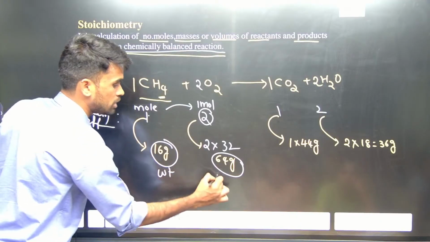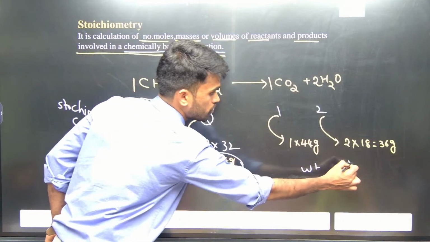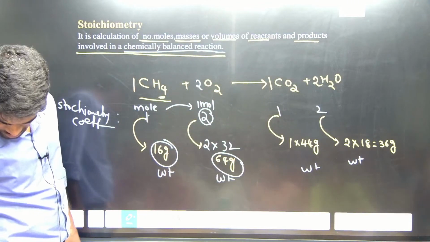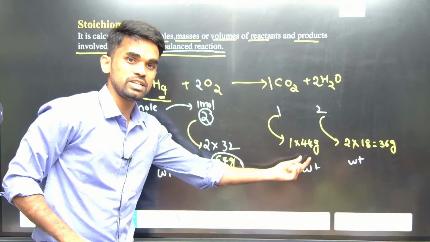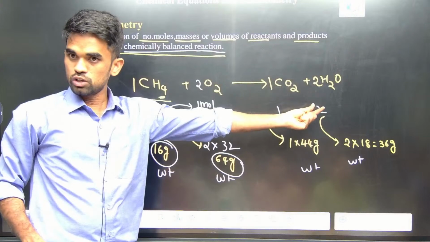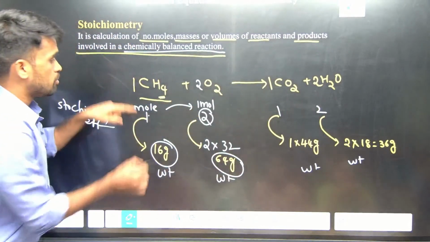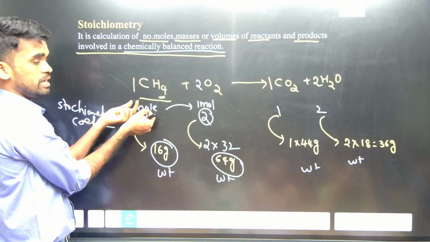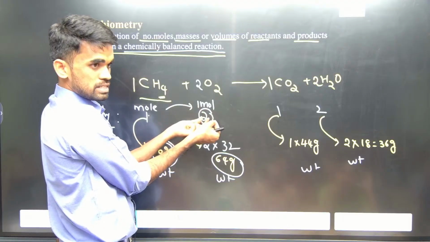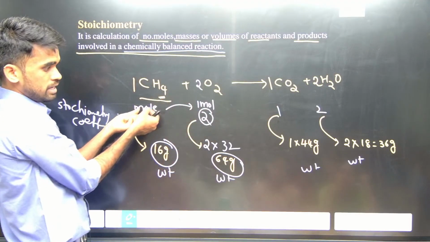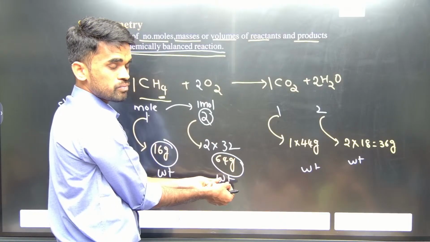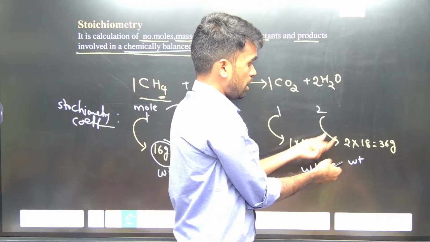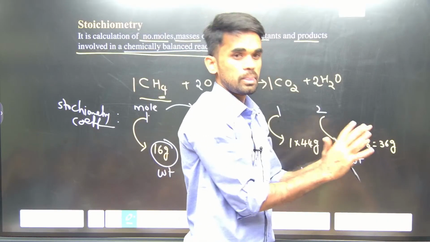So I can relate weight to weight ratios also, or mole to weight ratio. It means 1 mole of methane requires 2 moles of oxygen, or 1 mole of methane requires 64 grams of oxygen, and that will form 44 grams of CO2 and 36 grams of water. Up to here it is clear, na?